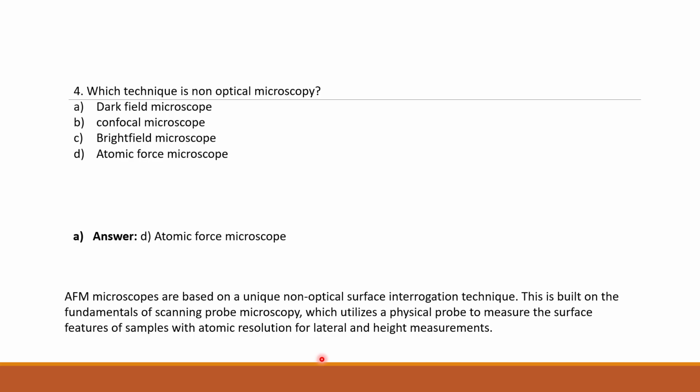It will be made of some material which is compatible to move along with whatever incoming source is there for detection. Along with that, the probe also will move. At that time the probing is nothing but it will go and physically touch and detect like this. So it is a physical probe to measure the surface features of the sample at atomic resolution. You have to be very careful. It is atomic resolution.